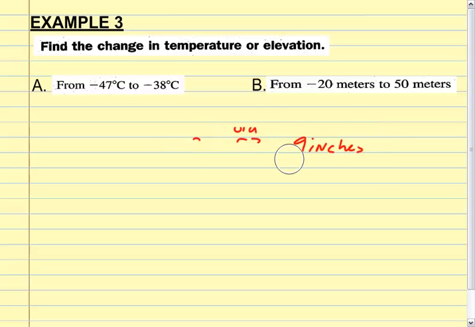When you look at A, it says find the change from negative 47 degrees Celsius to negative 38 degrees Celsius. So the new temperature is negative 38. I'm going to write that first, minus the old temperature, which is negative 47. It's minus negative 47. So we have to write it that way.